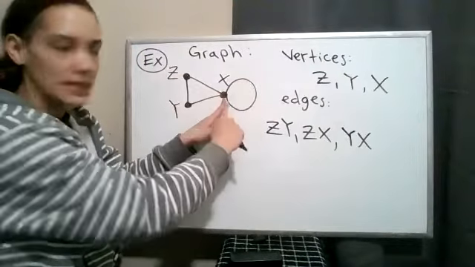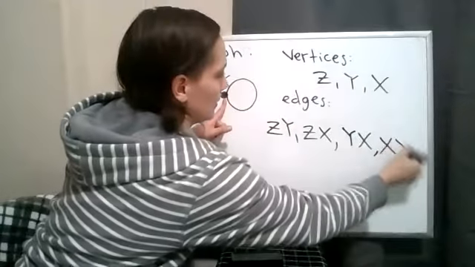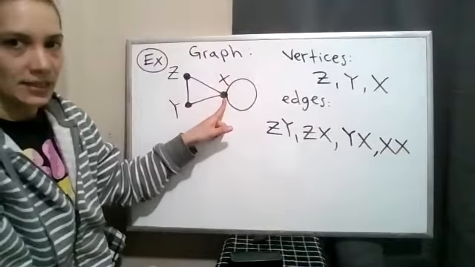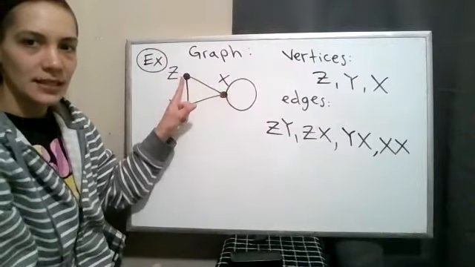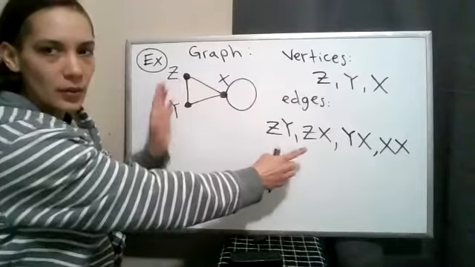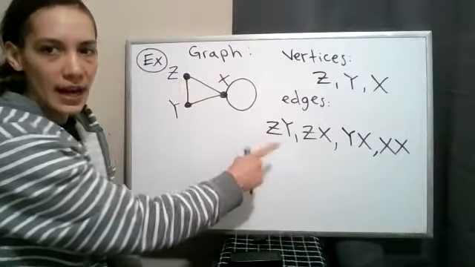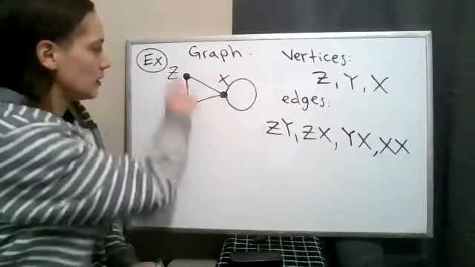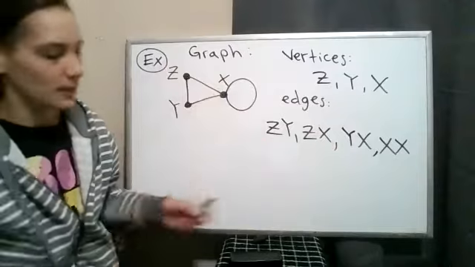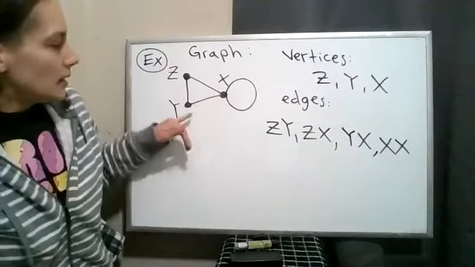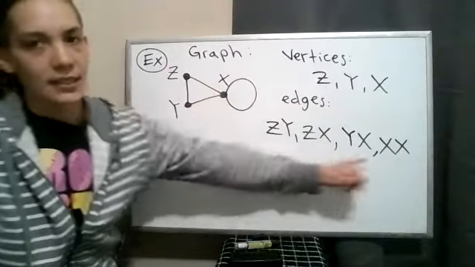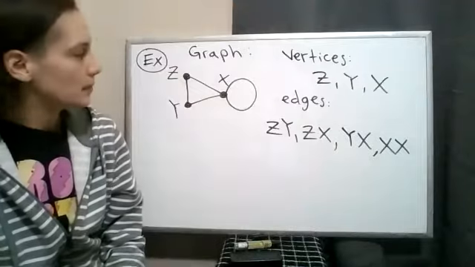X goes to X, so we have an edge XX. Then X back to Z, which is right there. So 1, 2, 3, 4 edges. It's at least as many edges as we have in the numbered list.